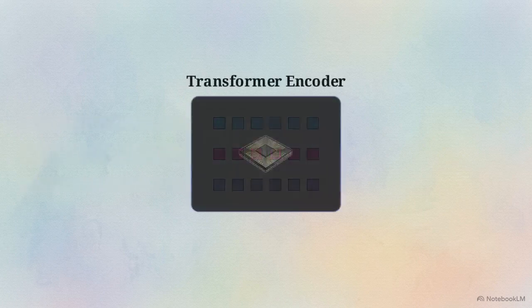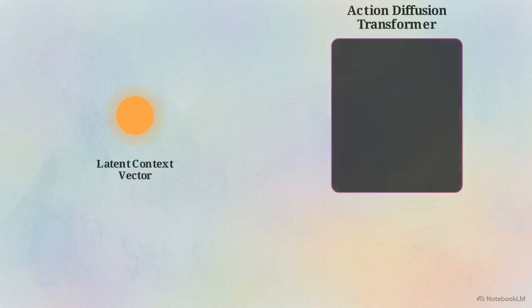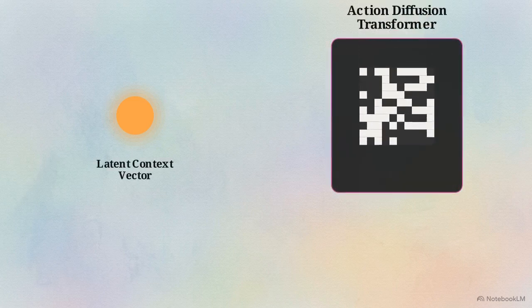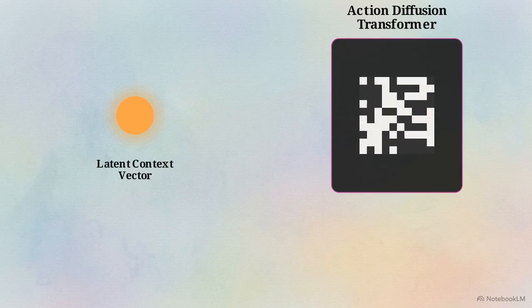The architecture's transformer encoder receives these streams of unified tokens. It fuses the physical geometry, the language command, and the robot's current kinematics into a single comprehensive latent context vector. On the right side of the architecture sits the action diffusion transformer. This decoder unit ingests raw Gaussian noise blocks and is responsible for computing the exact physical movements required to execute the task.